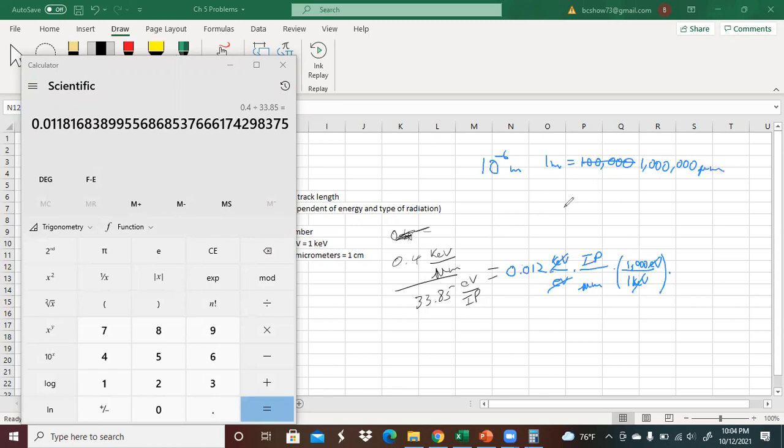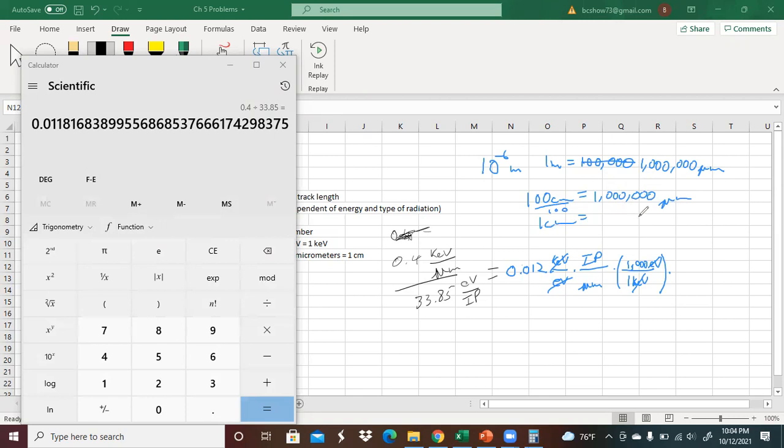If I'm interested in getting centimeters here, I know there are 100 cm in there. So if I just want 1 cm, I end up dividing that by 100.